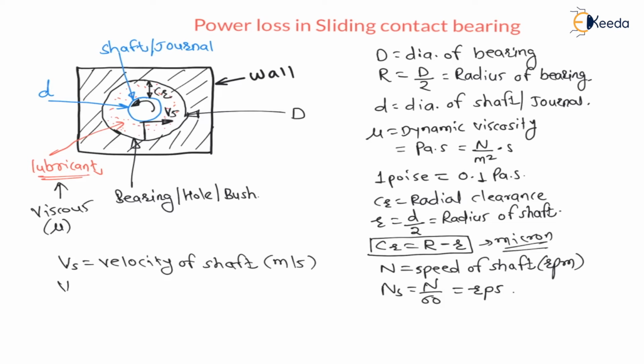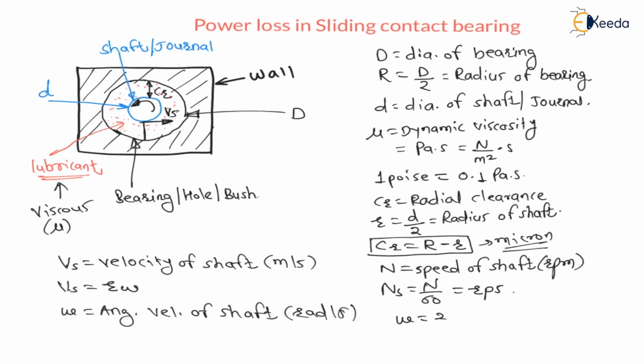This can be calculated as r omega, the formula from engineering mechanics, where omega is the angular velocity of the shaft in rad per second, and r is the radius of the shaft. Now the angular velocity of the shaft can be calculated as 2 pi n upon 60.